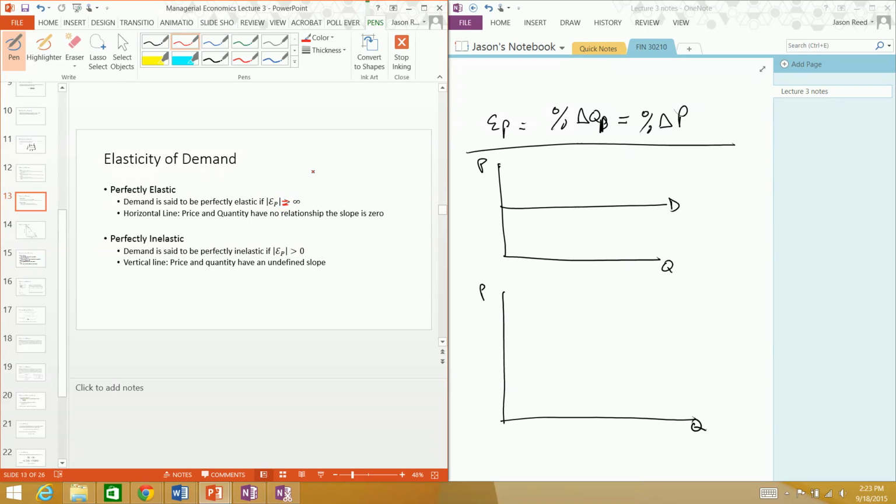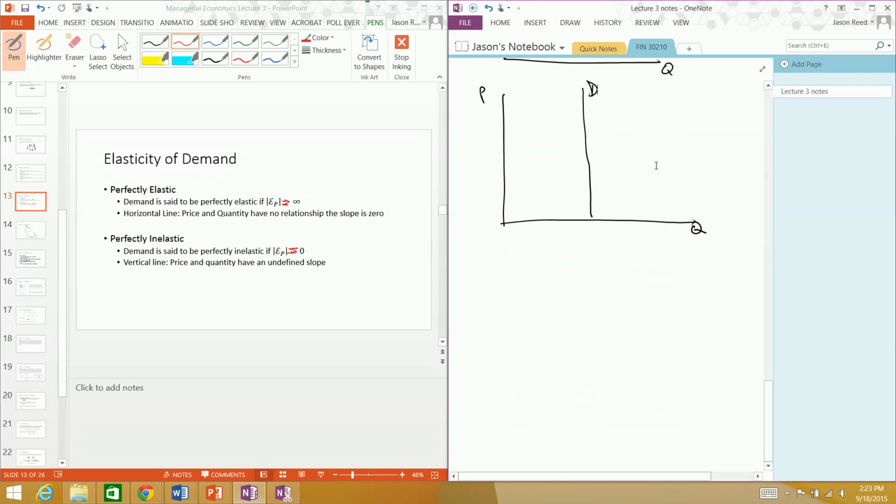When it's equal to infinity or approaching infinity, we could say, and when this is equal to 0. So when these are true, we go back and we can draw this demand curve out, and it looks just like this. It's a vertical line. Okay, so the slope is undefined, but the elasticity in this case is 0.